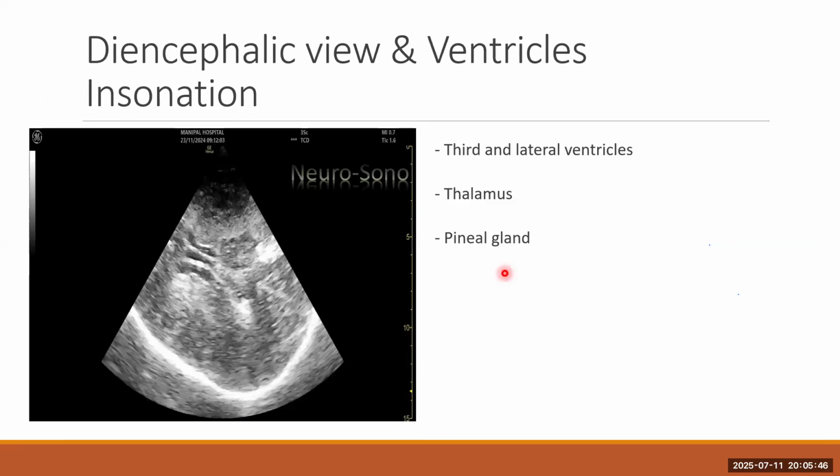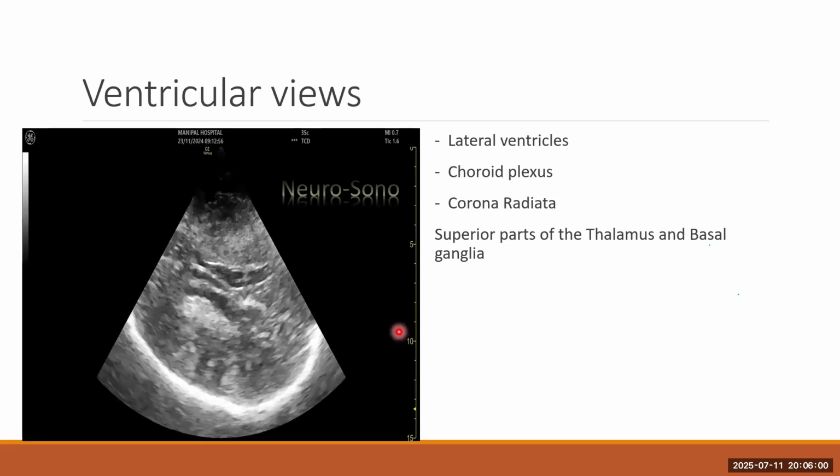This is the next angulated view, the diencephalic view, where we can see the frontal horns of the ventricles, along with the thalamus and other deep nuclei, and also the pineal gland. On further angulation, we can see the lateral ventricles, the bodies, and the corona radiata. This is the ventricular view.